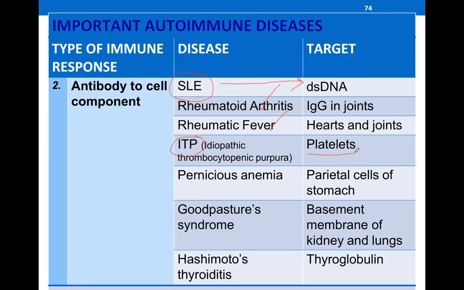Her platelet count is just 4,000. The normal value is 150,000 to 450,000. So this patient, without any symptoms, just the purpura or the rashes, was brought to the Philippine Children's Medical Center and was admitted at the ICU initially.